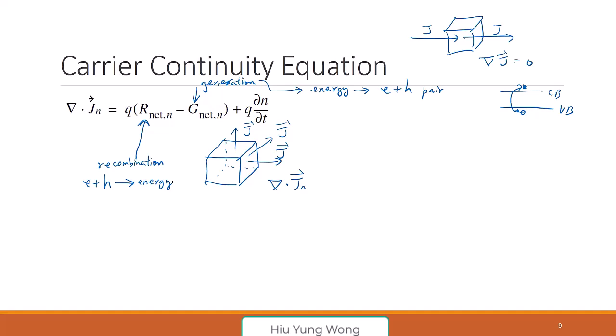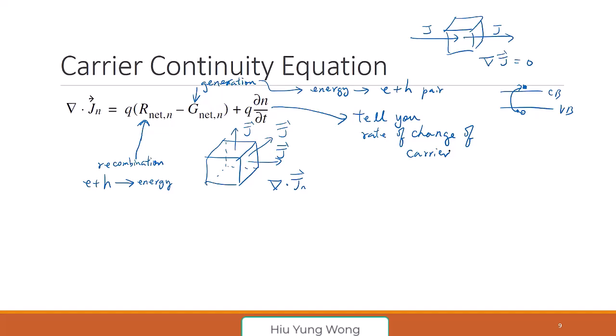And then with this current divergence and also this generation and recombination, the final equation tells you the rate of change of the carrier, how it is changing. So this is no rocket science, it's just common sense. I have a box.